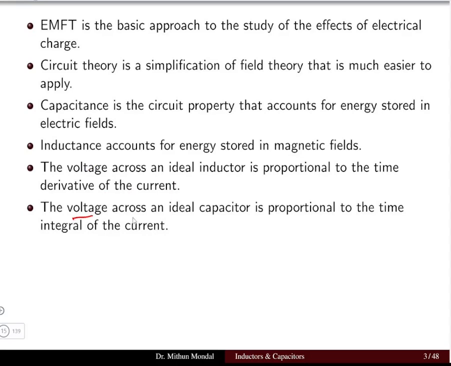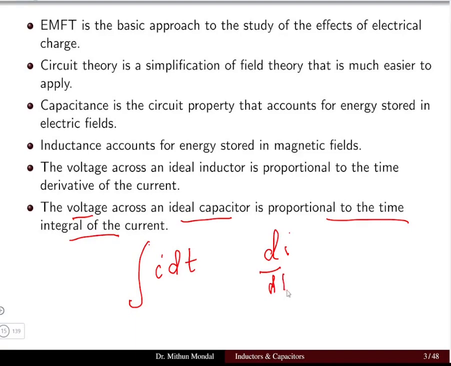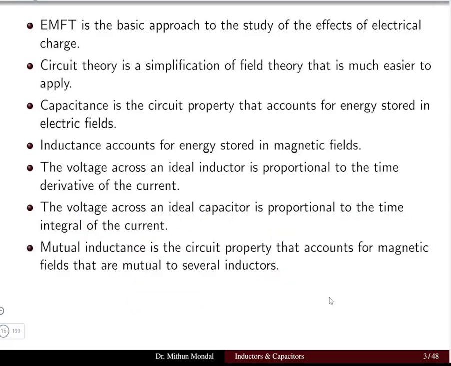The voltage across an ideal capacitor is proportional to the time integral of the current. So we will have either the integral of i dt or the di/dt component, depending on whether we are talking about capacitors or inductors. So now we have to deal with the differential term or the integral term to determine the voltage.